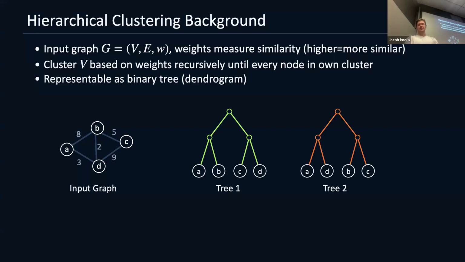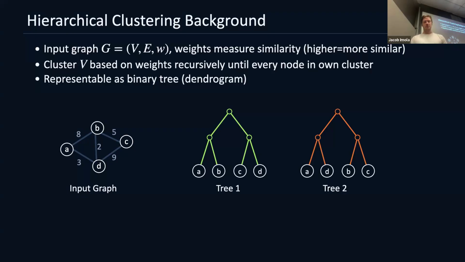So I've drawn two trees here. There's two different ways of clustering the input graph. And the first tree first separates A and B from C and D. And the second tree first separates A and D from B and C. And we should prefer the first tree. So I drew two trees to show that not all of them are going to be good clusters.